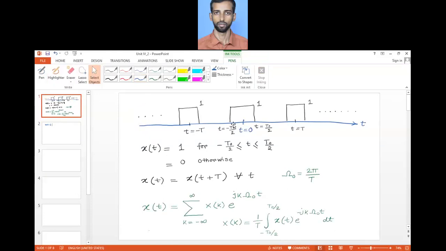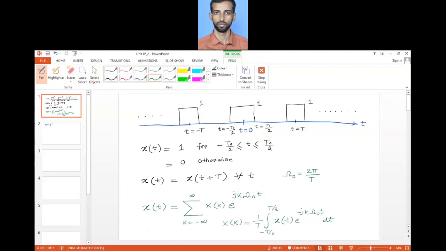The signal only exists from minus T0 by 2 to plus T0 by 2. So that's why I've written like that. If you're very particular, you can also make a small change over there. Instead of going for a step jump, you can also write something like that. 1 by T, minus T by 2 to plus T by 2.